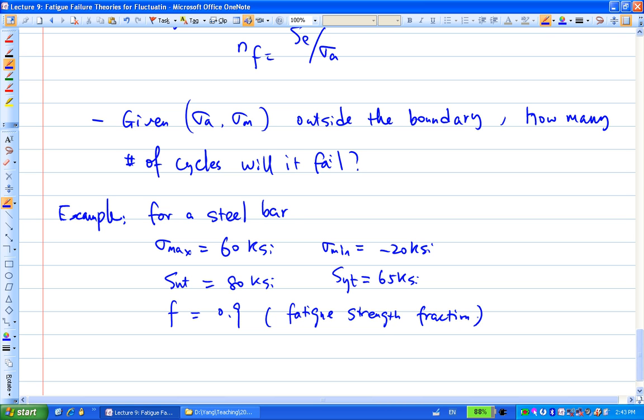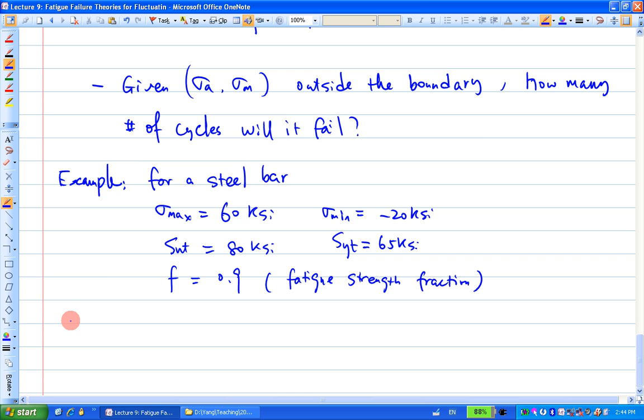So given this loading condition and this material, let's analyze the failure of this part using the modified Goodman criteria. We can try another one afterwards.